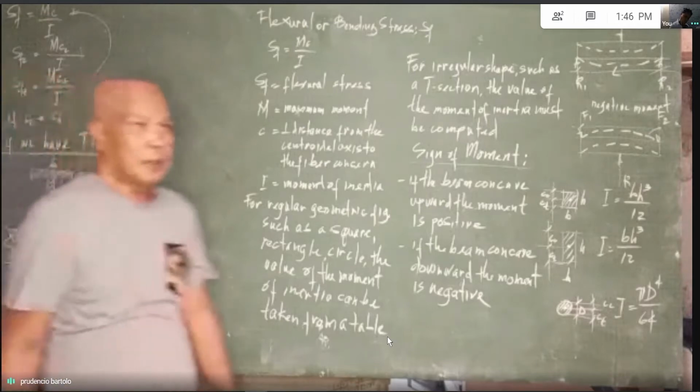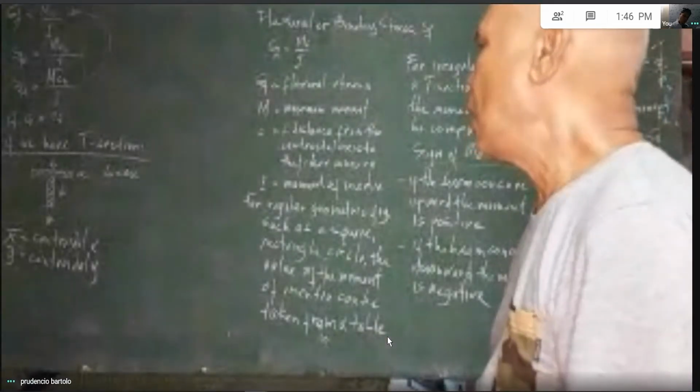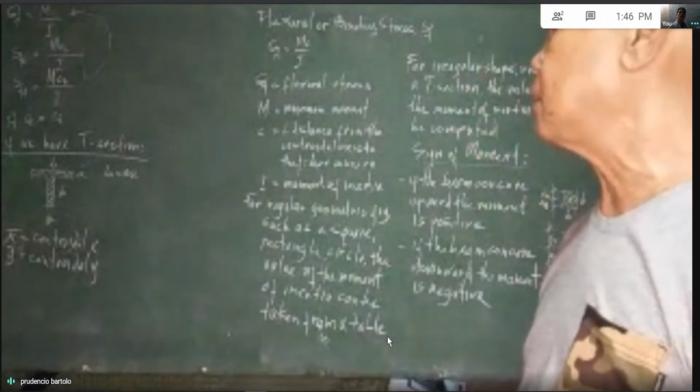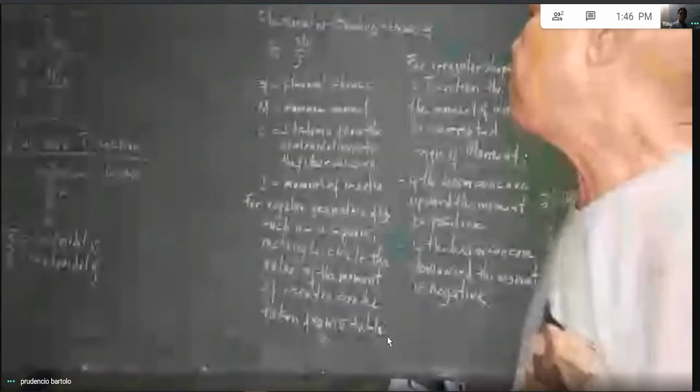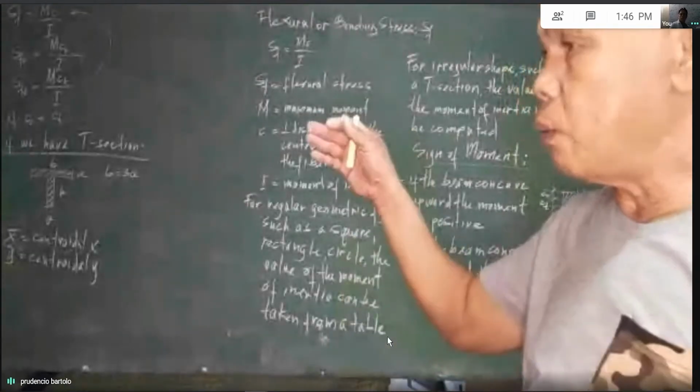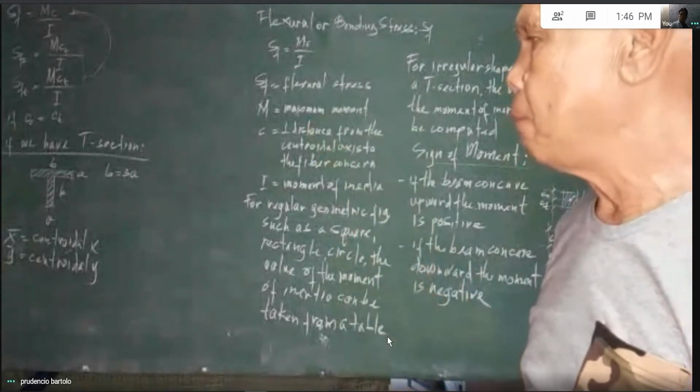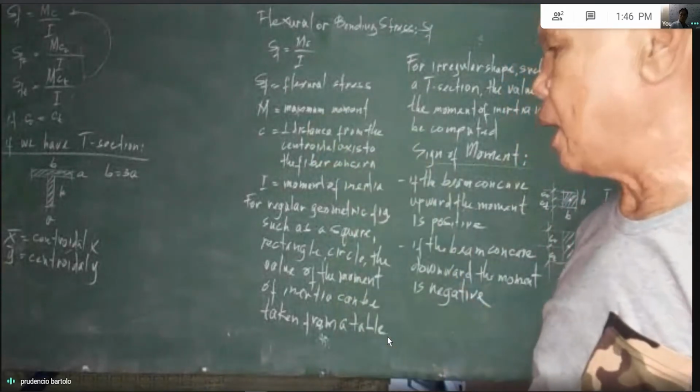Meaning that on that point, the centroidal axis of the composite figure will pass through. So we will establish the x bar and the y bar.